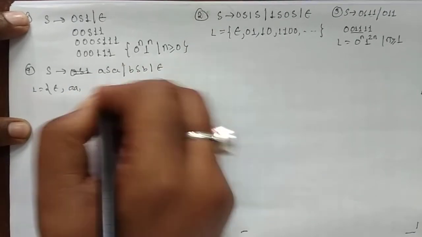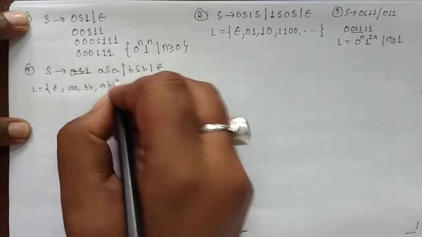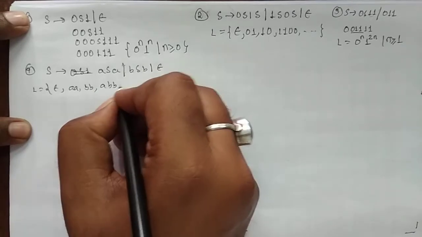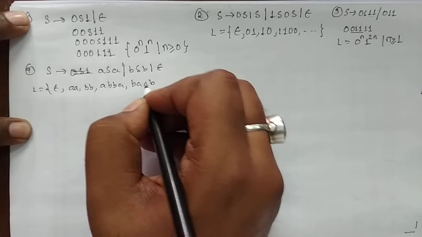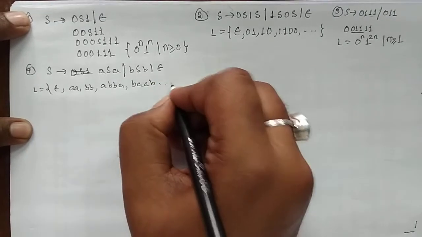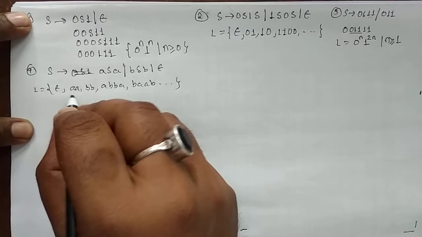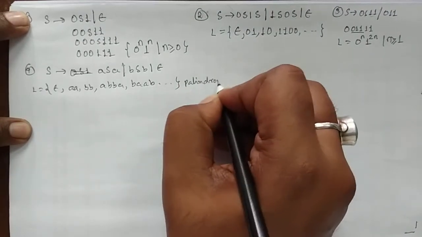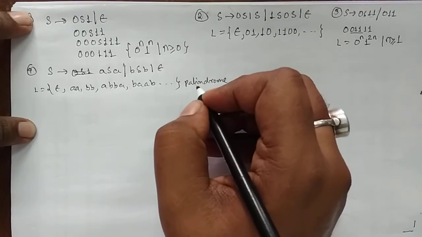Replace this S by epsilon, you are getting BB. Next you replace S by B S B and finally S with epsilon, or you can get this one. You can keep on getting all of these. Ultimately what you are getting is a palindrome.